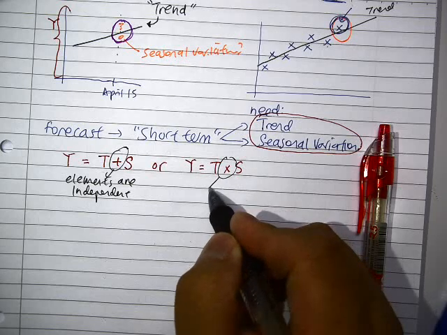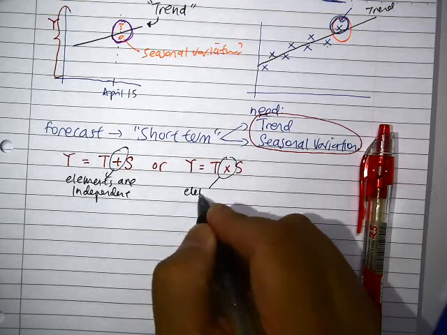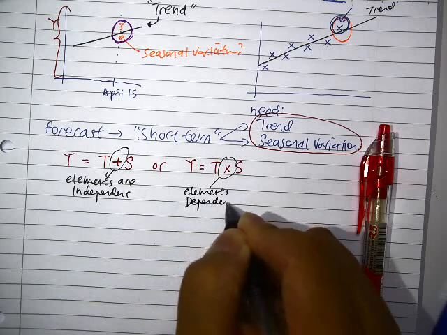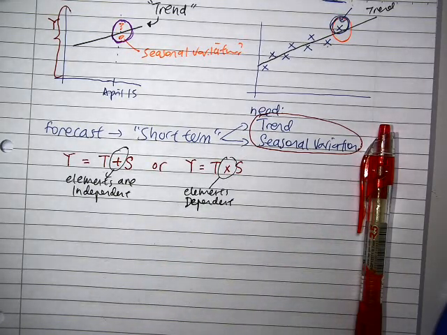Now, we use multiplicative when the elements are dependent. Then you will be saying, what do you mean by independent, dependent? Actually, you must look at the diagram or the history to determine whether they're independent or they're dependent.